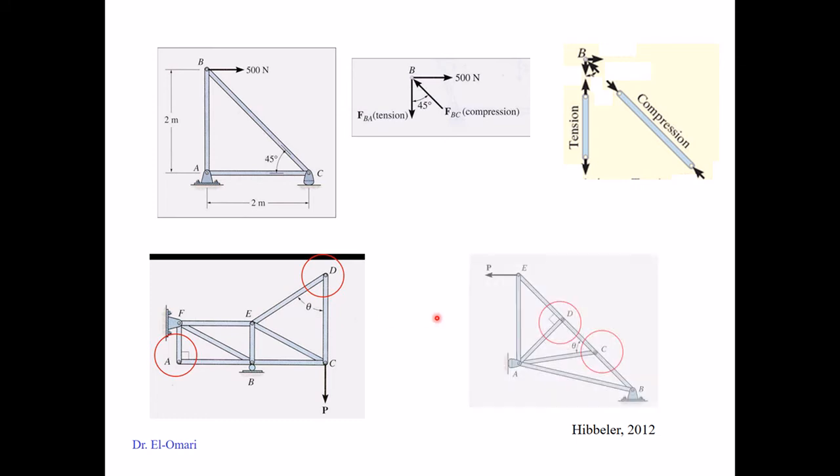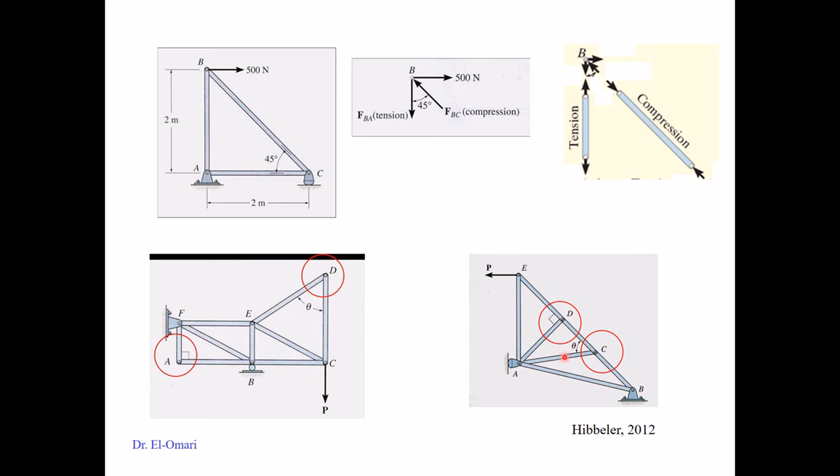It is also for economic reasons. Here is another type of zero member: if two members are collinear, like A, D, C, and one member is non-collinear with them, AD, then this member is a zero member. So AD is a zero member. The same case here, you have two collinear members and one non-collinear, and there are no external forces, then AC is also a zero member.